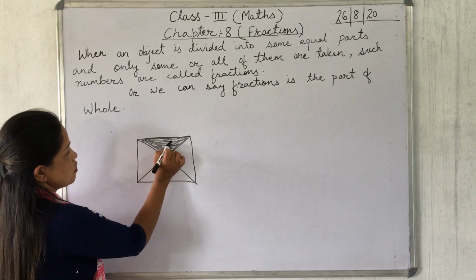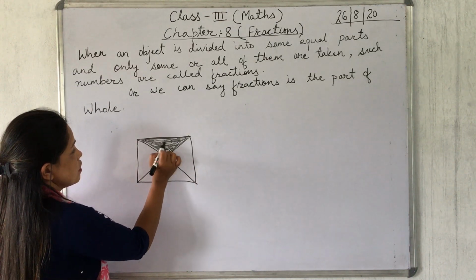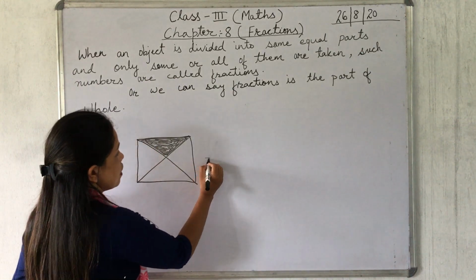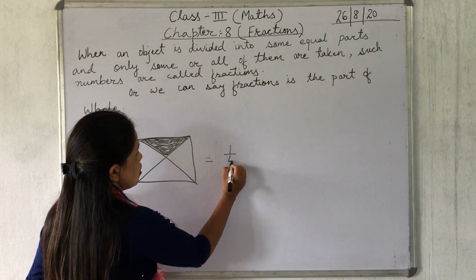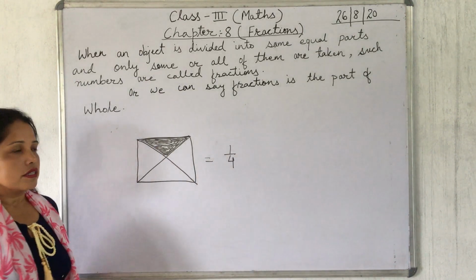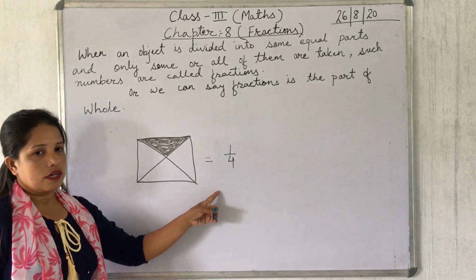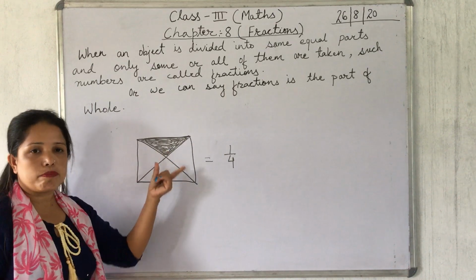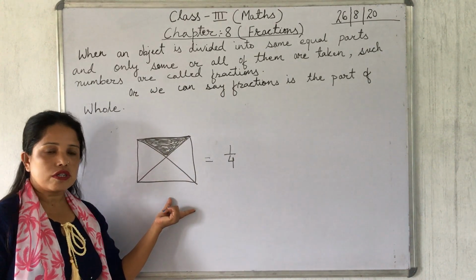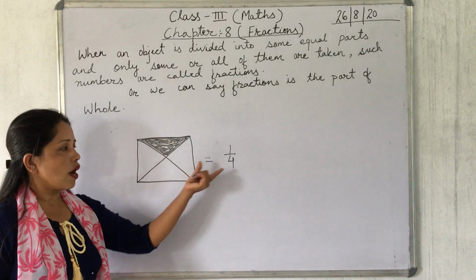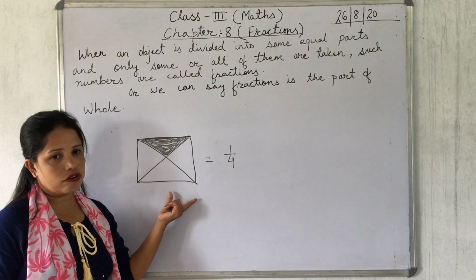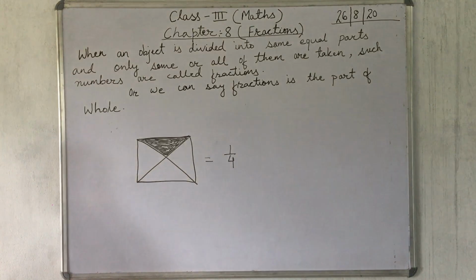One-fourth means we have to shade one part of these 4 parts. This is 1/4. That means we have shaded one part of these 4 equal parts. So it is called 1/4 of the figure. Is that clear, children?